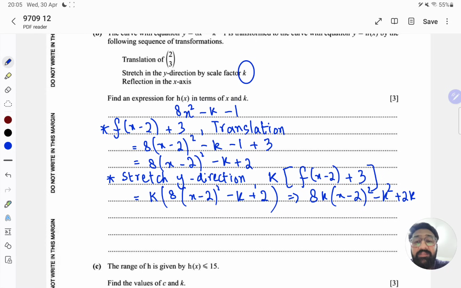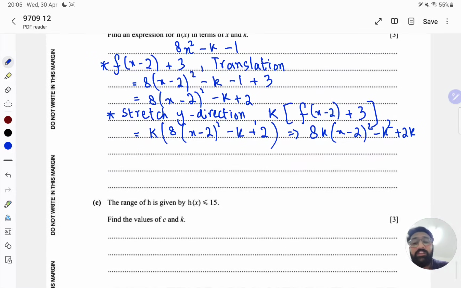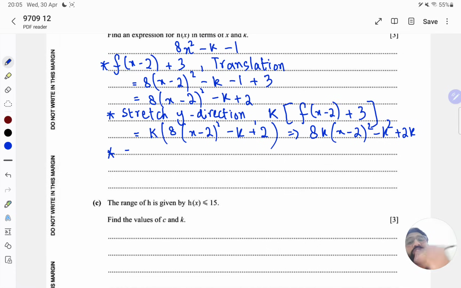The last step is that we need to do the reflection in the x-axis. Reflection in the x-axis means that we are going to change the y, which means simply multiplying by a negative sign. So just simply multiply the above function by minus.